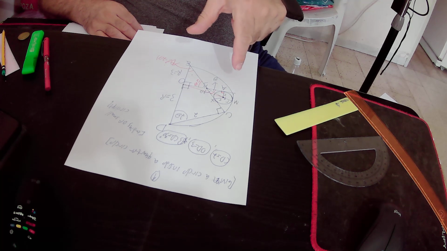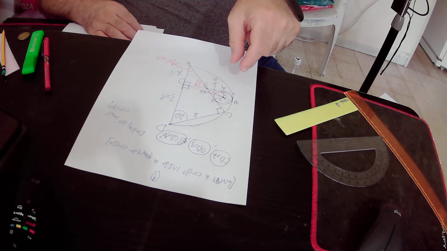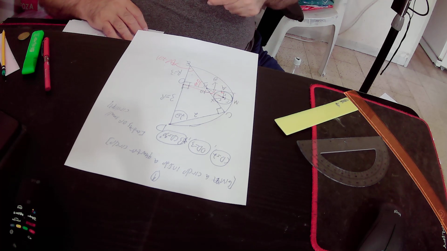So OM equals capital R and PM equals small r.